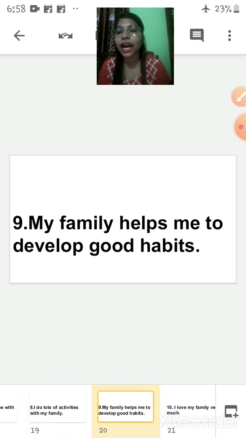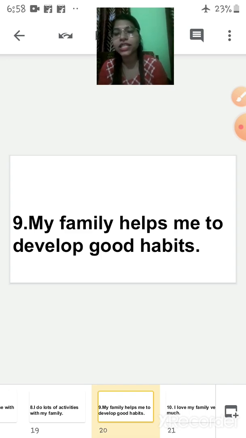Now, the ninth is my family helps me to develop good habits. What do you mean by develop good habits? Your parents and your grandparents teach you good manners.